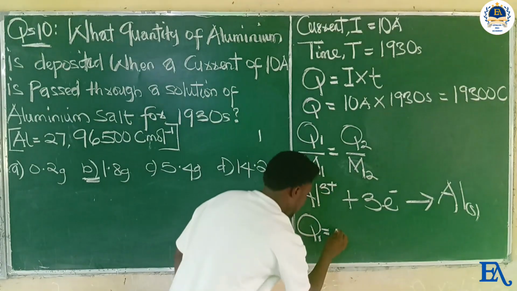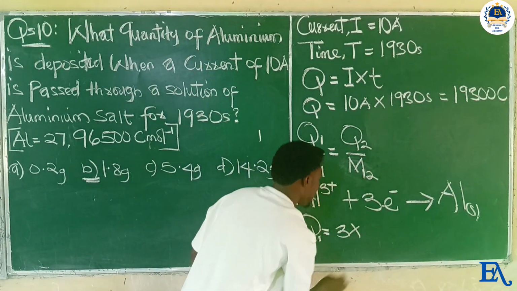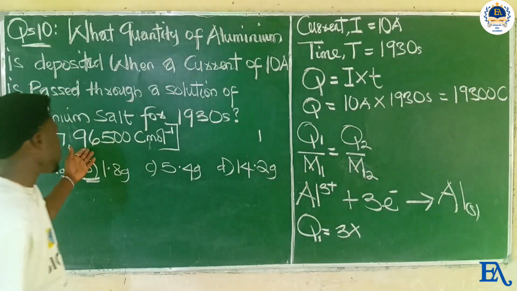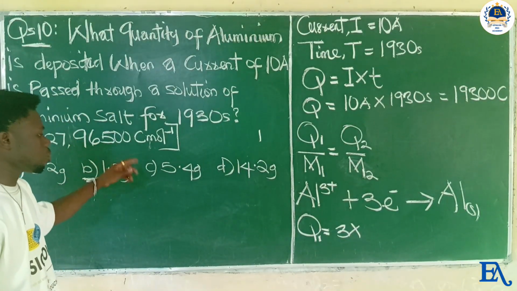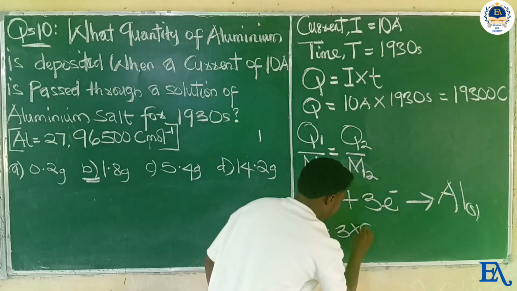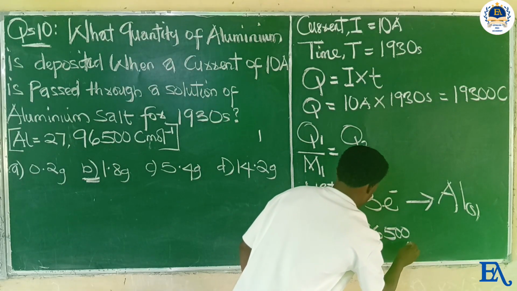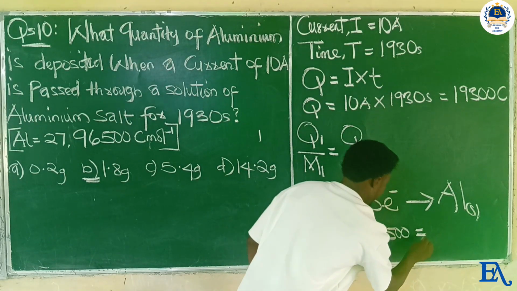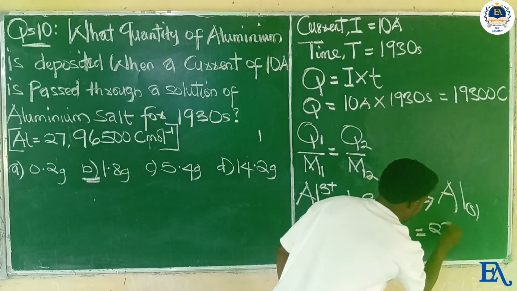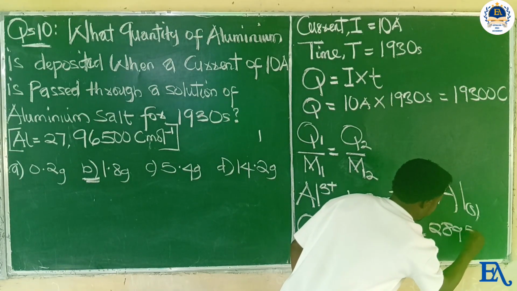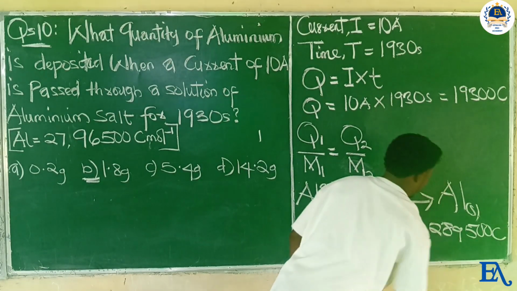So we have 3 times 1 Faraday. 1 Faraday is equal to 96500 coulomb per mole. So 3 times 96500 will give 289,500 coulomb.